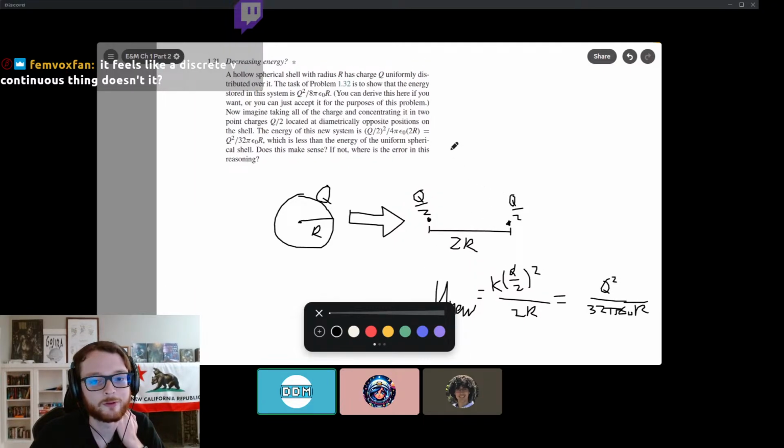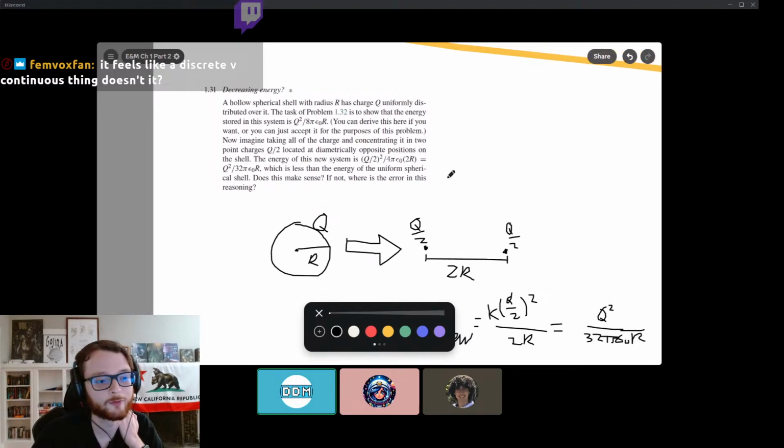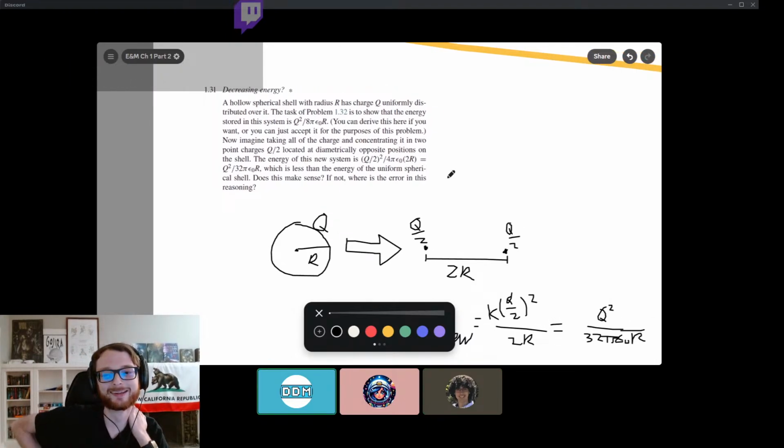Discrete versus continuous? What happens if we do 4 points?